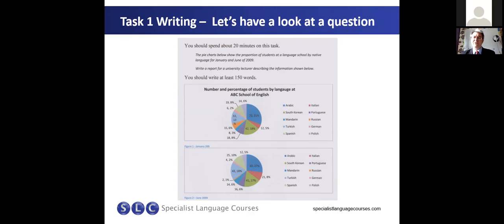So we need to write a report for a university lecturer describing the information shown below. Well, we wouldn't just go through and say, Arabic had X figure, South Korean had X figure. You would want to talk about them with a bit of meaning.